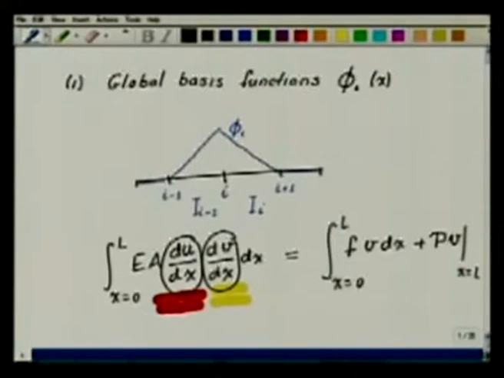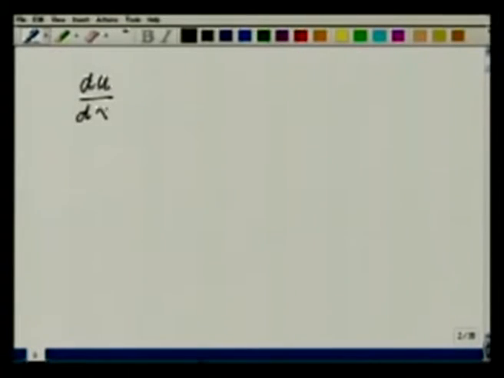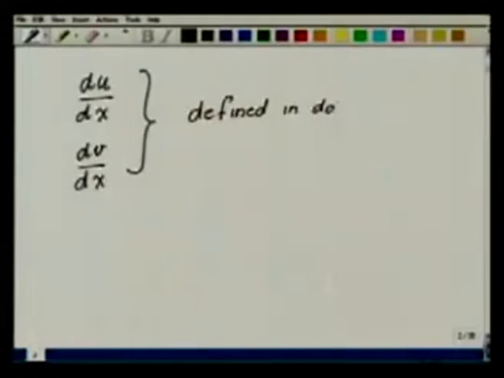So, what we want is that du dx and dv dx should both be defined in the domain omega.